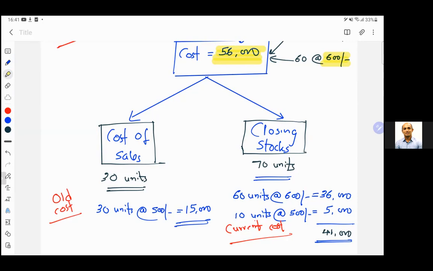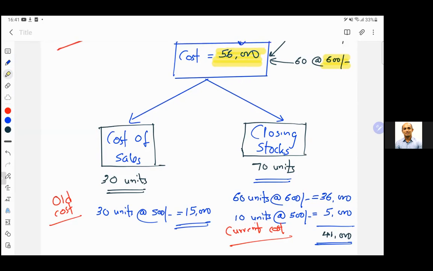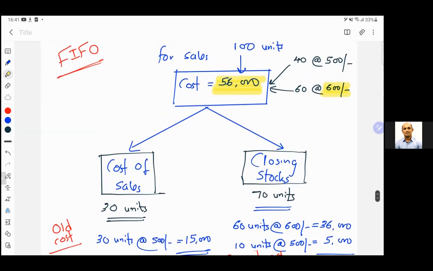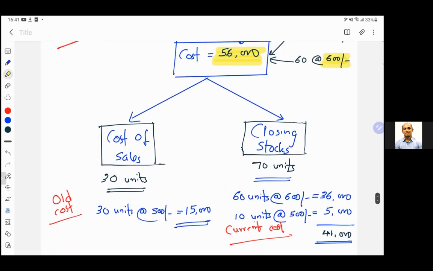Right. Now you see, in FIFO basis, recent cost has gone to closing stock. Then cost of sales is valued at old cost.